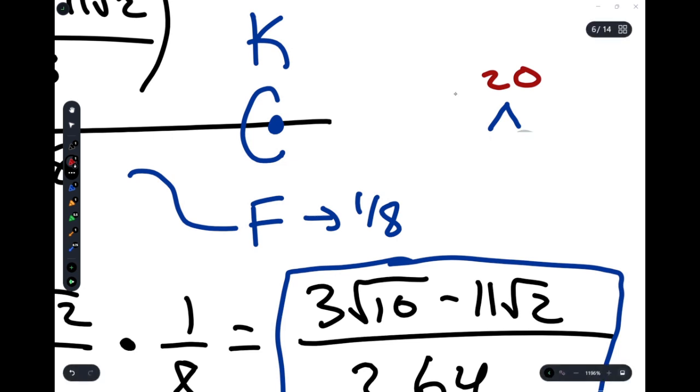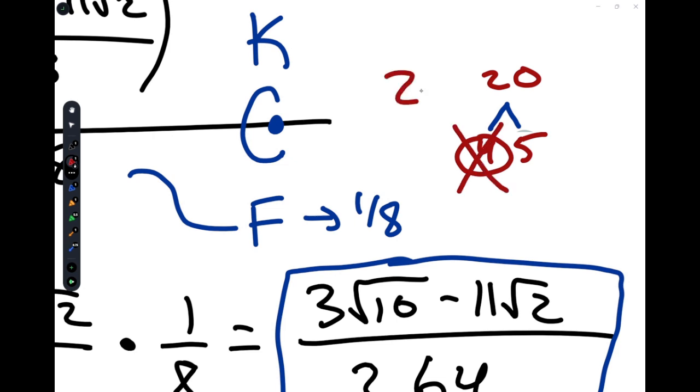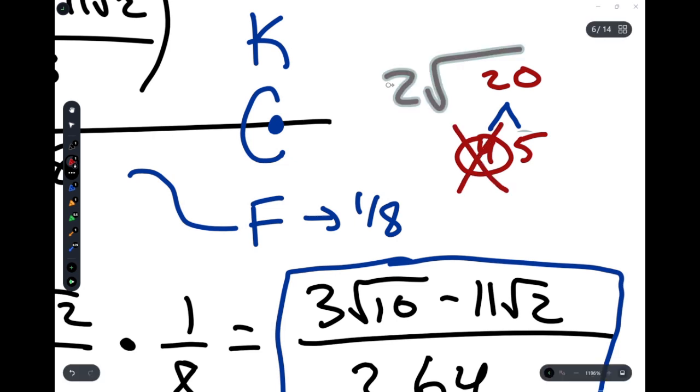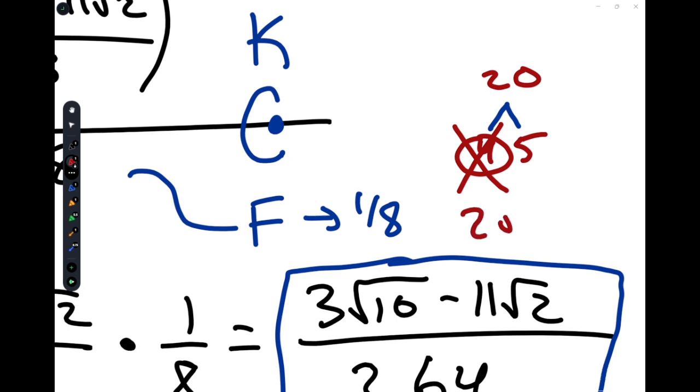Because 4 and 5, we can take the 4, exit out, and put a 2 on the outside, right? And that would be like 2 root 5, I think. We would still go like 6 root 5 minus 11 root 2. And then 6 root 5, right, because you take the 2 out.